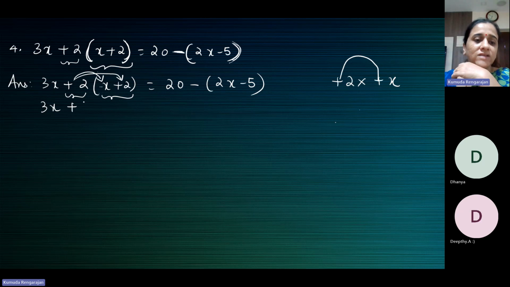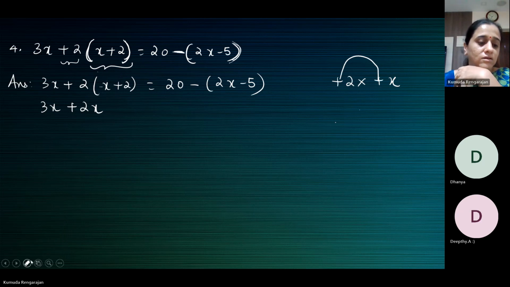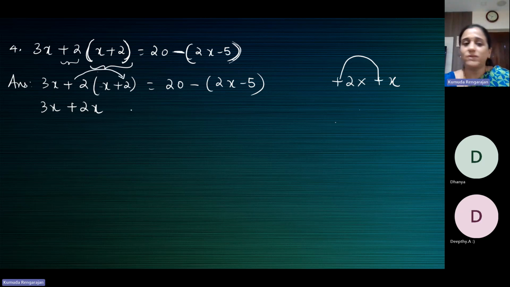So plus 2x is the answer. Then you should multiply this plus 2 with plus 2. Plus into plus is plus. 2 into 2 is 4.